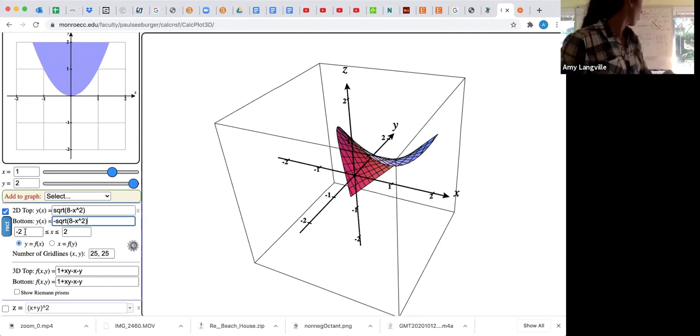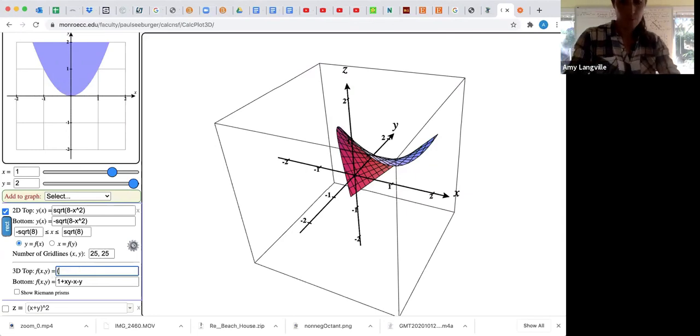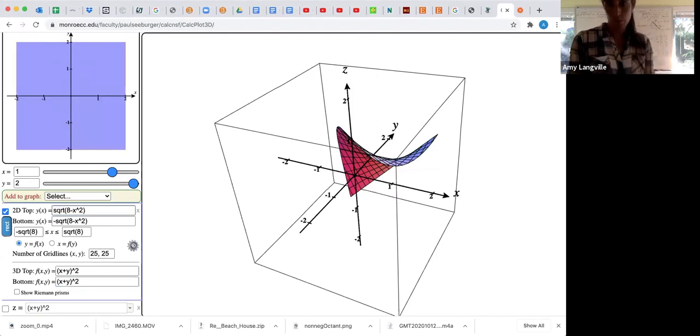And x goes from negative square root of 8 to the positive square root of 8. And then the surface is x plus y squared to itself. And you have to hit enter or it'll show the one I previously had in there.